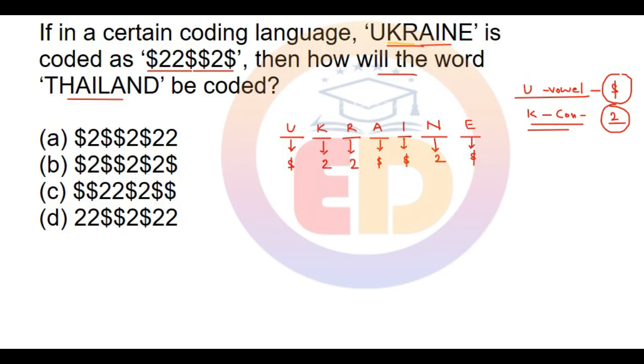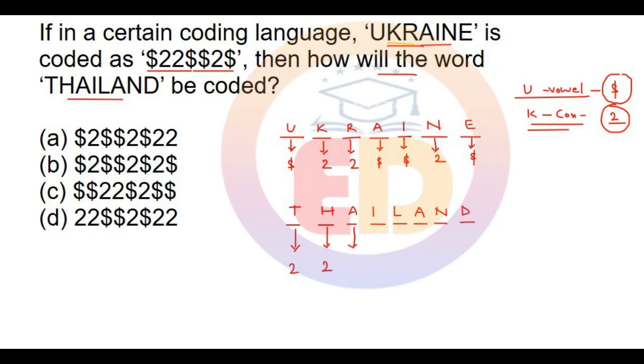So they are asking what will be the code of Thailand. To solve this, we have to first identify the vowels, and we will code the vowels by $ and the consonants by 2. T is a consonant, it will be coded as 2. H is a consonant coded as 2.